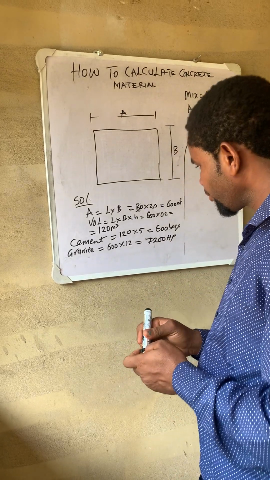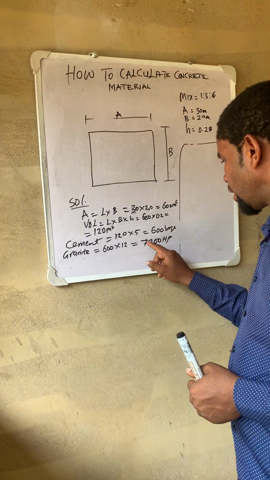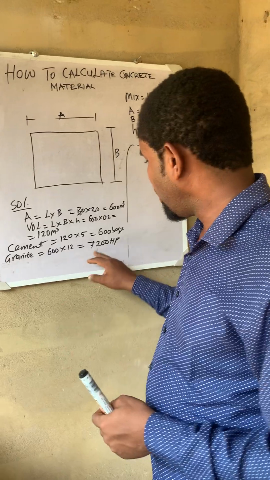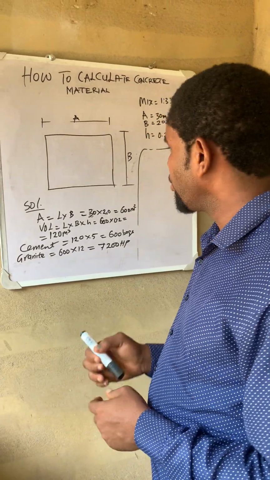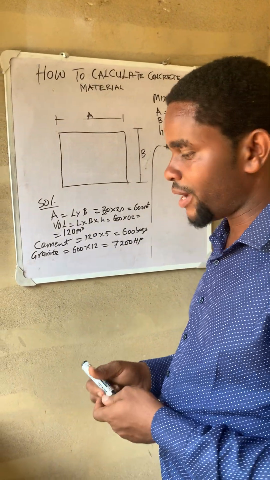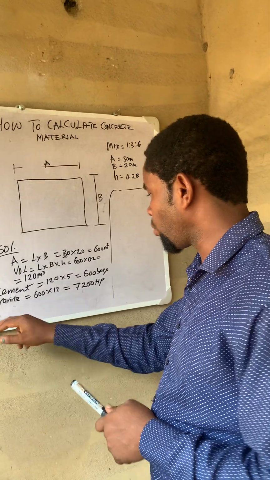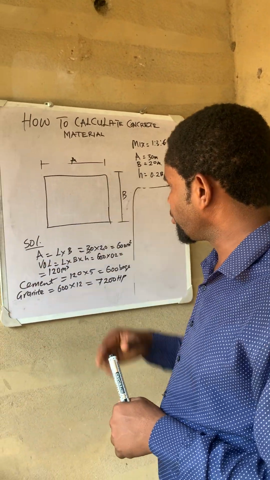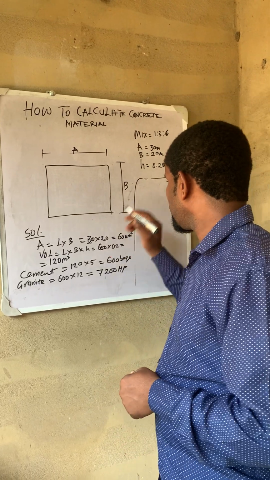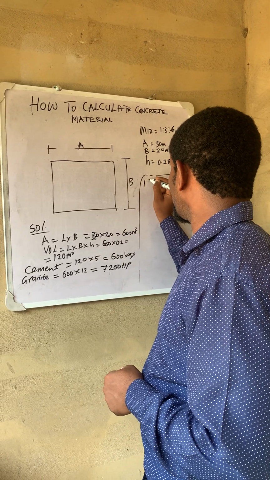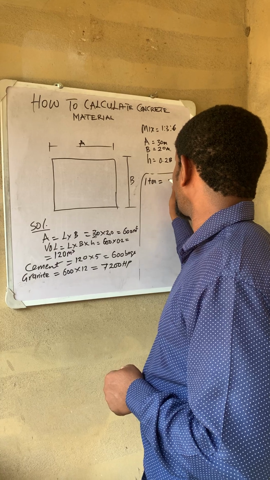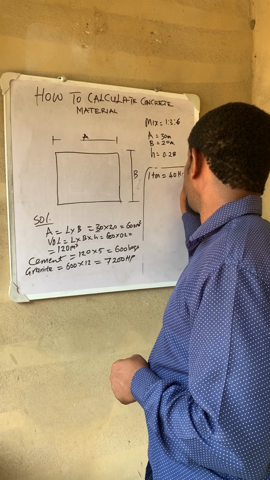Now, remember, you cannot go to the market and buy your granite in a pan. In my country, we buy per ton. So how many tons does it require on this project? Now, for granite, 1 ton is equal to 40 head pan.